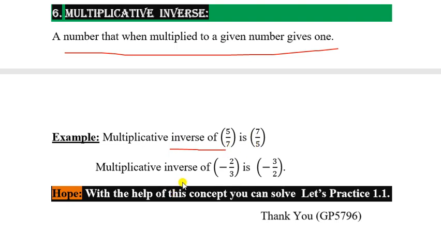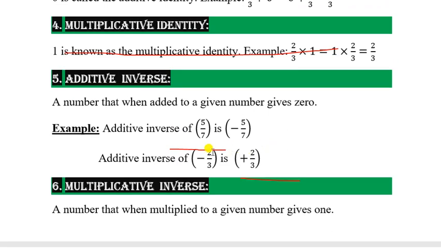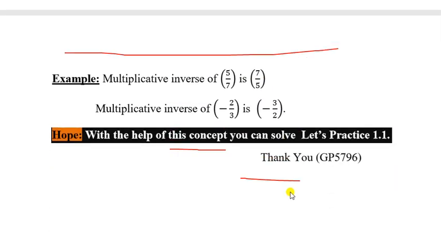At the same time, the multiplicative inverse of minus 2 by 3 is minus 3 by 2. So for multiplicative inverse we write the reciprocal of the given number. But for additive inverse, you have to change the given sign. If plus is given, we write minus. When minus is given, we write plus. But for multiplicative inverse, we write only the reciprocal. We are not going to change any symbol. We write the reciprocal form of the given number.